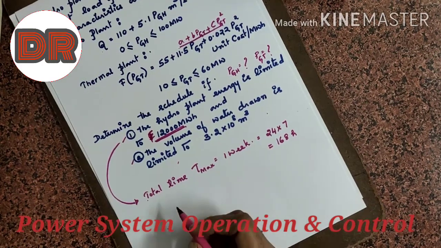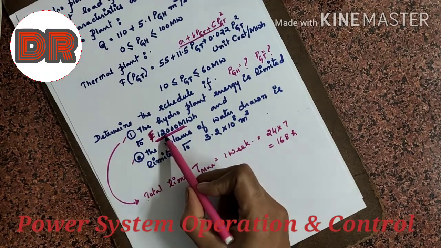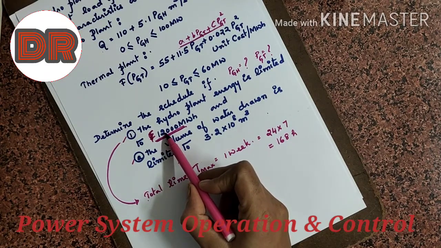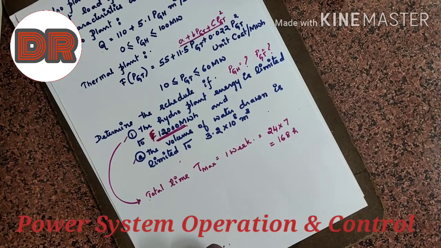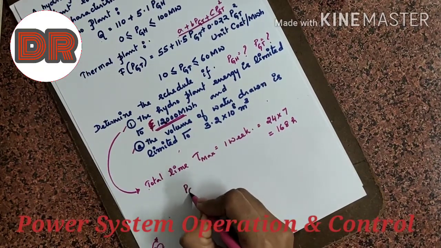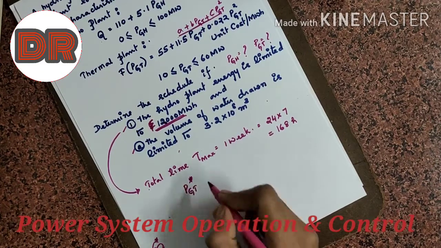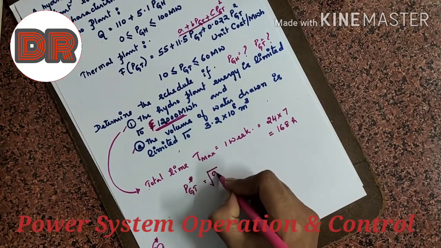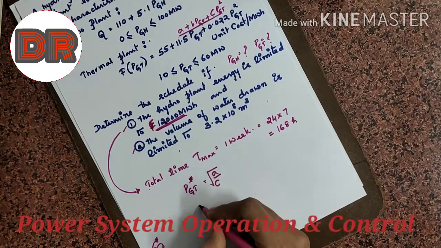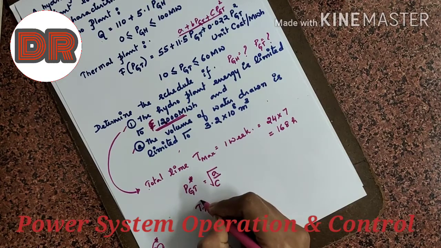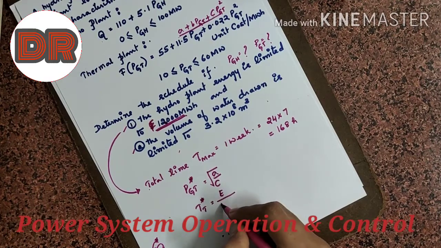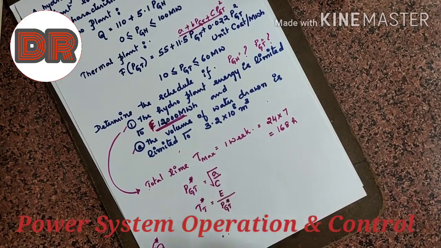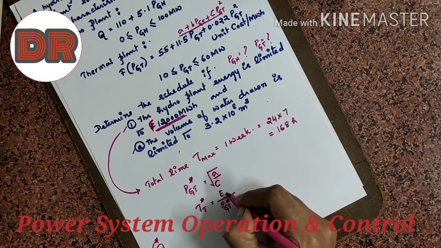Now we will calculate the total load energy, because the hydro plant energy is given. PGT, the scheduling of the thermal power plant, can be calculated using A and C. But for the calculation of TT, the time for which the thermal power plant is on, we need E by PGT star, where E is the thermal energy.